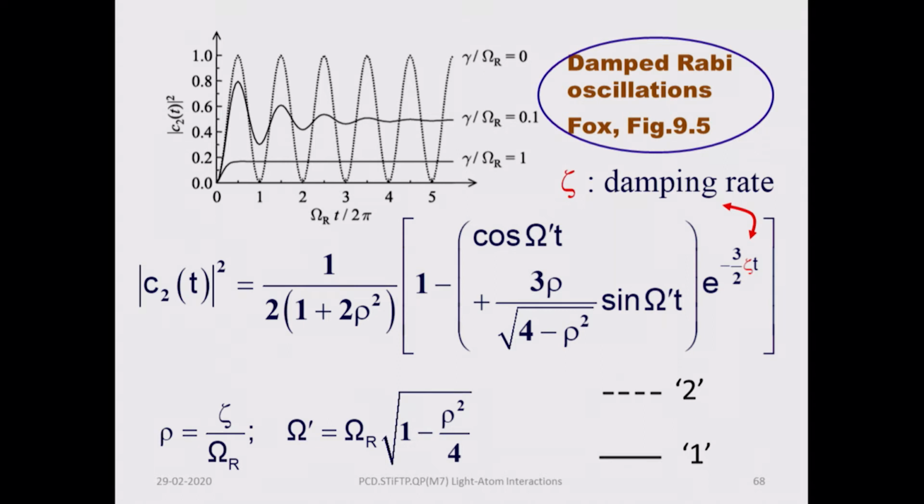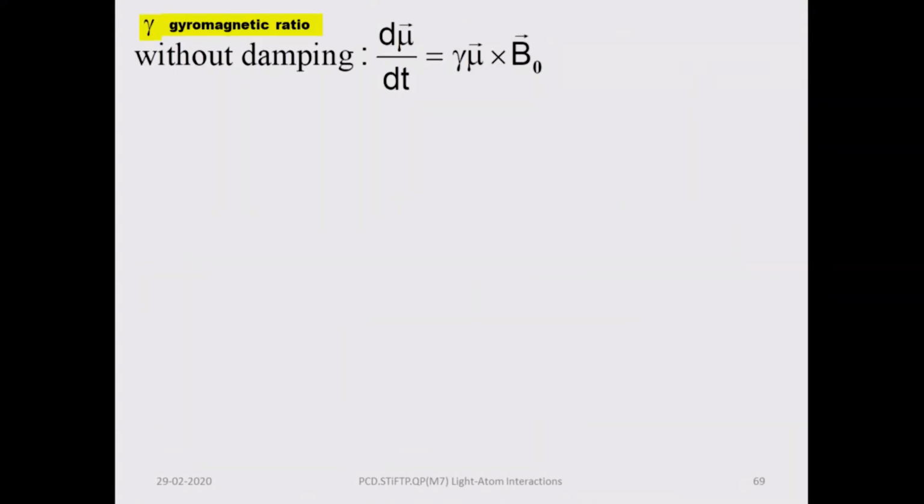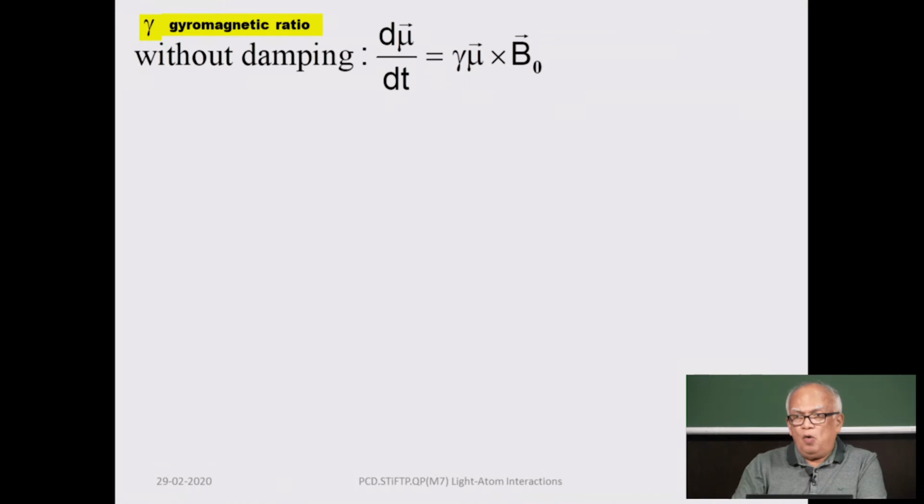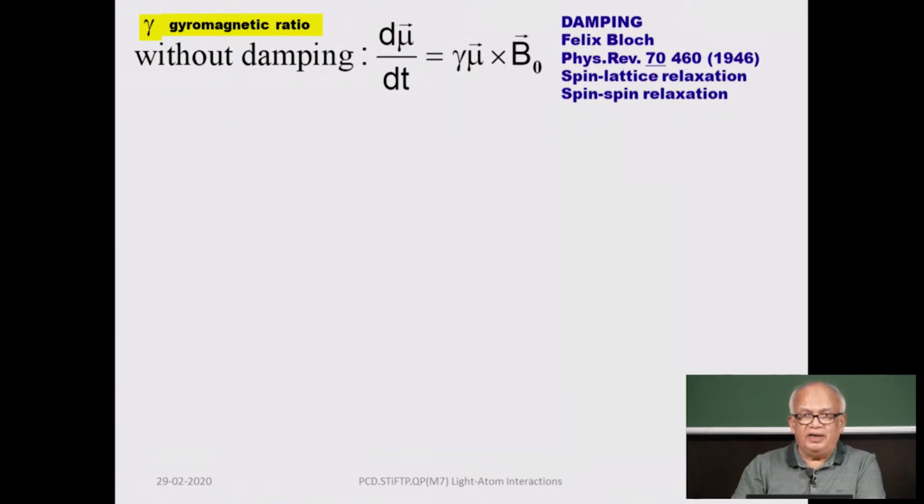Okay? So, this is the damping that we have to take into consideration, and this is the expression that we had without damping, but now with damping this relation gets modified. And this modification was taken into consideration by Felix Bloch using a phenomenological model.